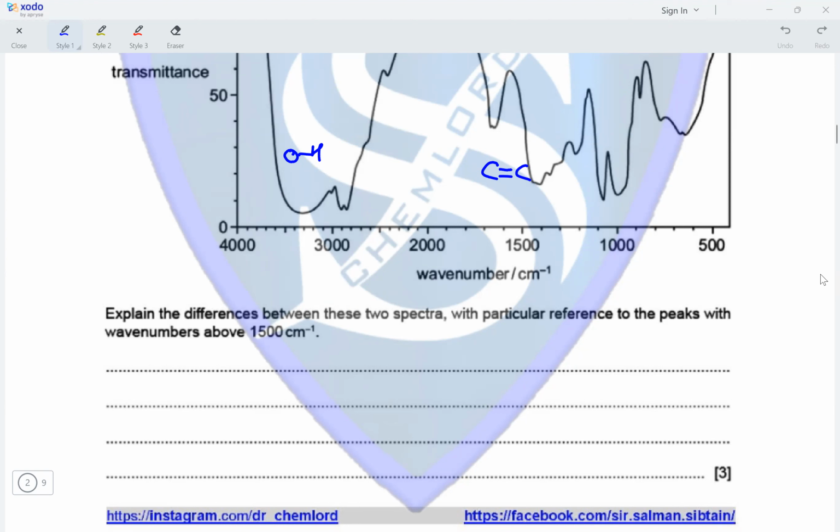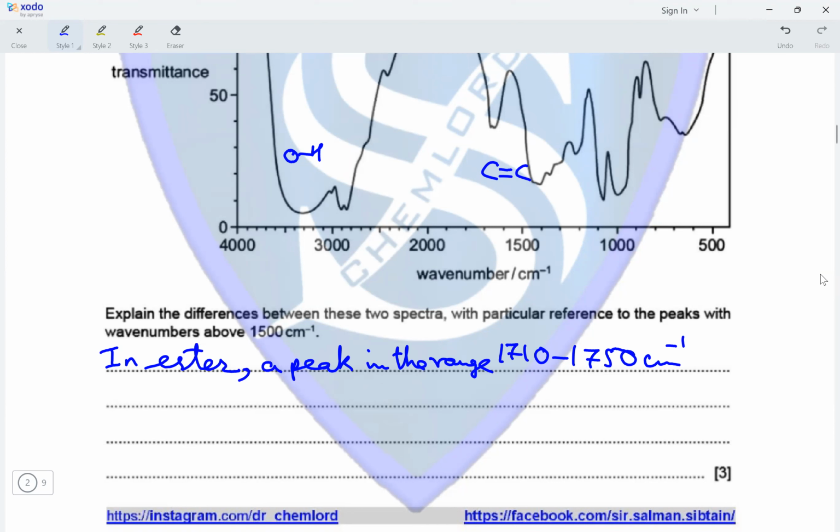So we can say that in the ester, a peak in the range 1710 to 1750 cm⁻¹, a value taken from the infrared spectrum absorption table, can be found for a C=O group.